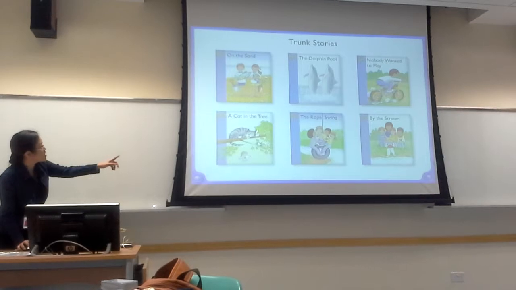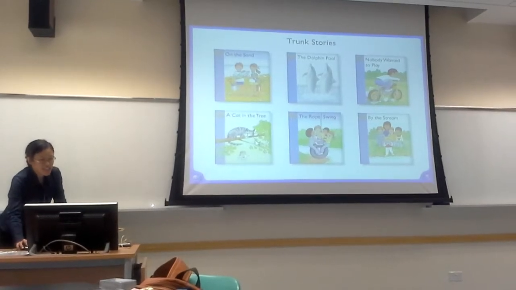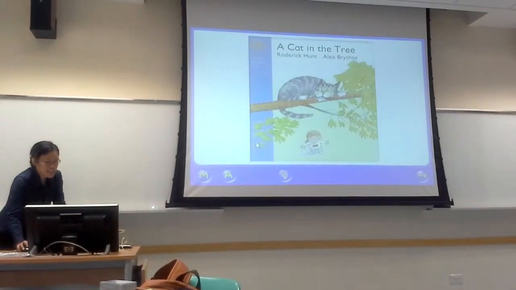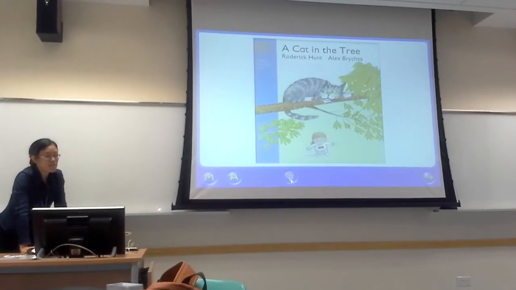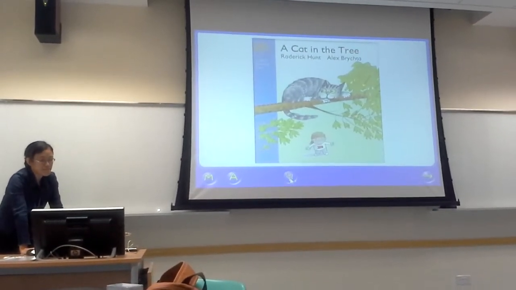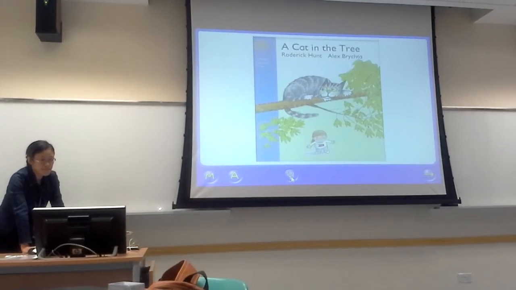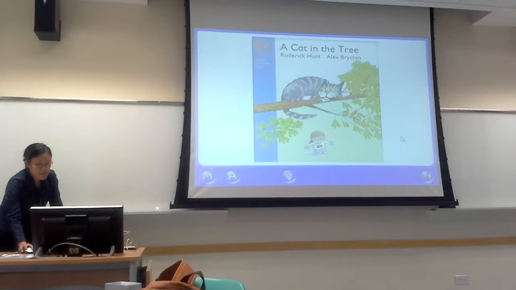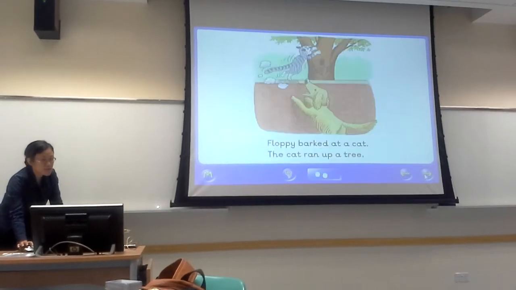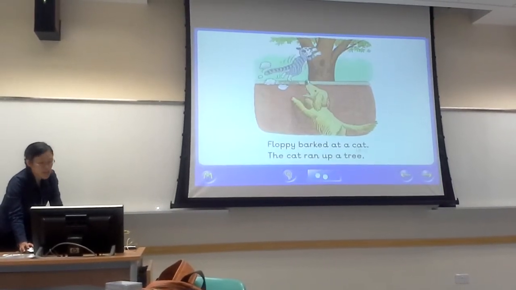I chose A Cat in a Tree. At the bottom is an ear, so when I click on the ear, the narrator will read the title. A Cat in the Tree. Story by Roderick Hunt. Pictures by Alex Brychta. And when I click the arrow, we go to the first page.